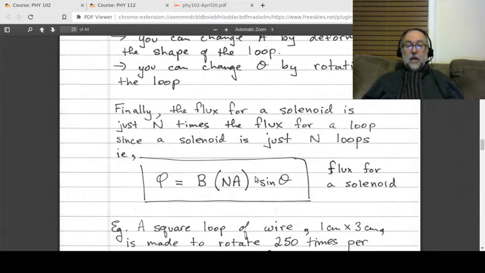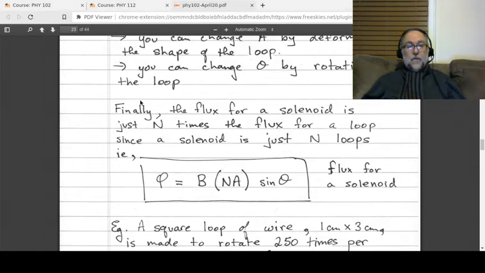That's why I put the n and the A together: each winding contributes its own A to the cross-sectional area, so the total cross-sectional area is n times A. We'll need this equation a little bit later, but that's basically the flux for a solenoid.